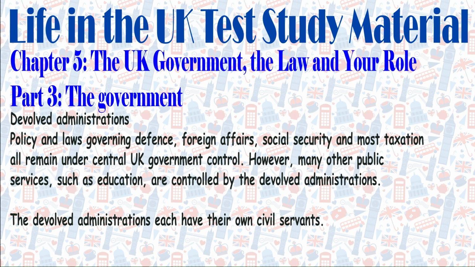Policy and laws governing defence, foreign affairs, social security and most taxation all remain under central UK government control. However, many other public services, such as education, are controlled by the devolved administrations. The devolved administrations each have their own civil servants.